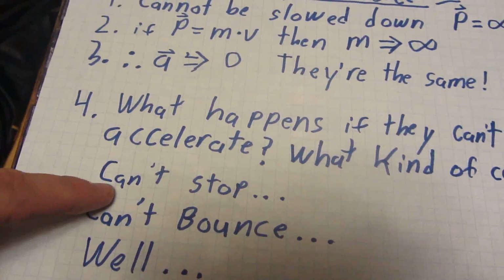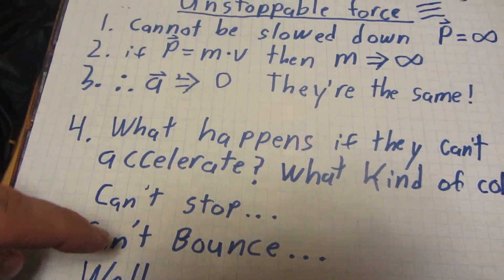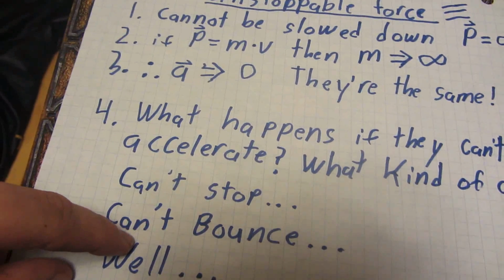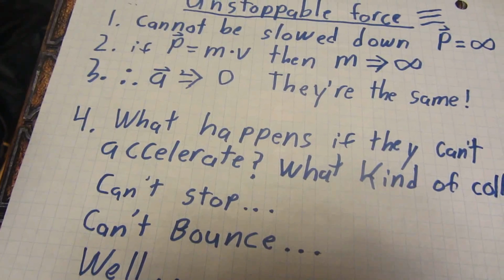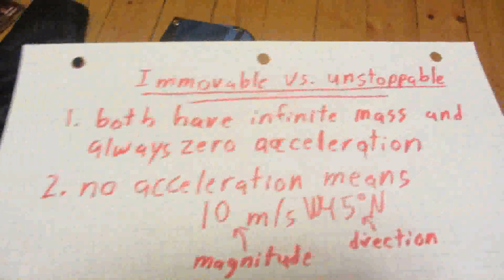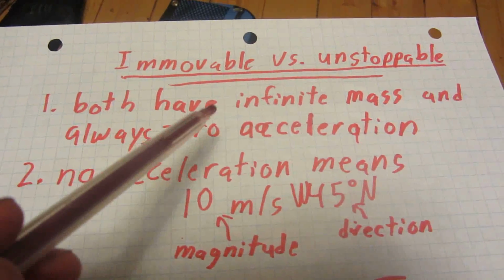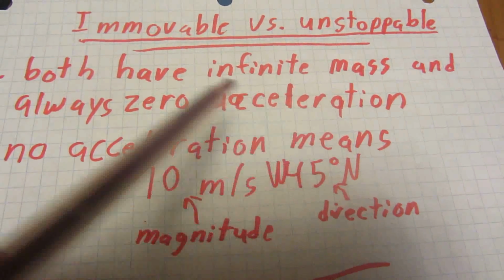Well, they can't stop, because if the velocity cannot be changed, the magnitude can't be changed. Can't bounce, because while that won't change the magnitude, it'll change the direction, so that is also acceleration. So what happens? Well, let's review. Both objects in question have infinite mass and always have 0 acceleration.